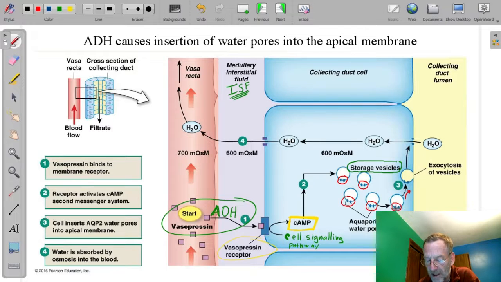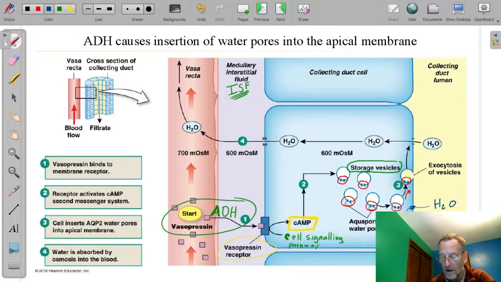So those little aquaporin channels show up, and we wind up putting more of these little aquaporin channels in the membrane. And that allows more water that's in the lumen to be able to enter the cell, and we're reclaiming the water.